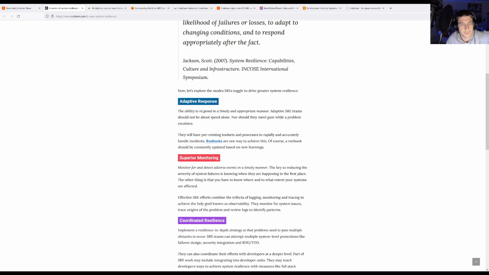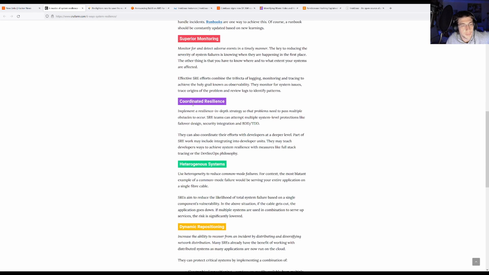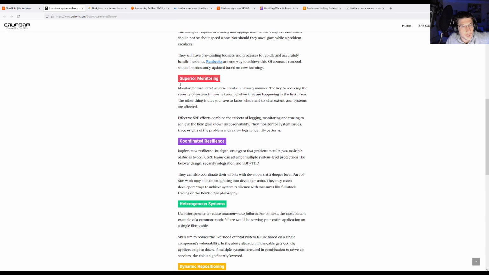Adaptive response, superior monitoring, which is monitor for and detect in a timely manner. And then it's coordinated resilience, which is implement a resilience in-depth strategy. So that probably means requiring multiple obstacles to pass.